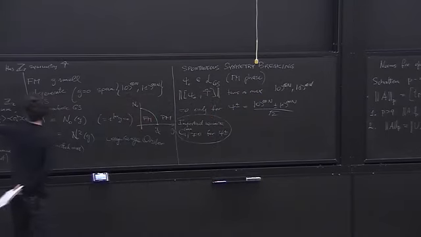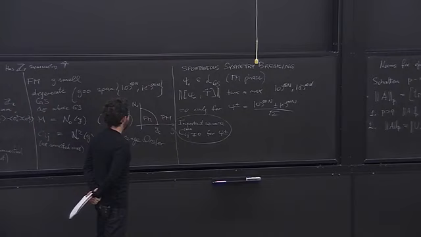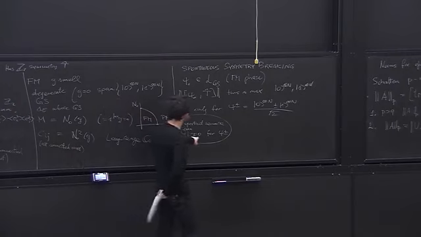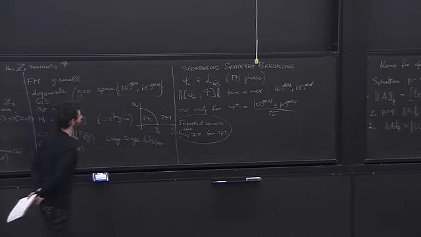Whereas here, there is no degeneracy because the symmetry is preserved in the ground state. Is this clear? Why this is a sign of the degeneracy, I will explain in a little bit.